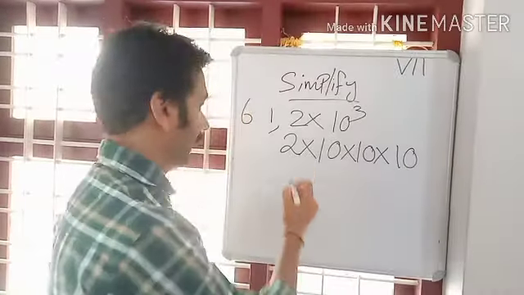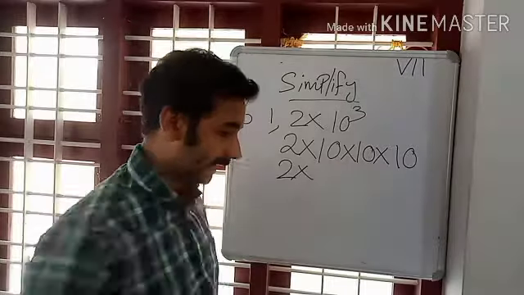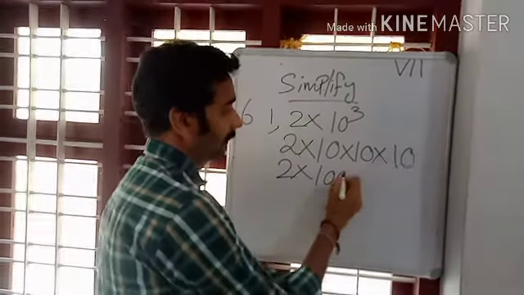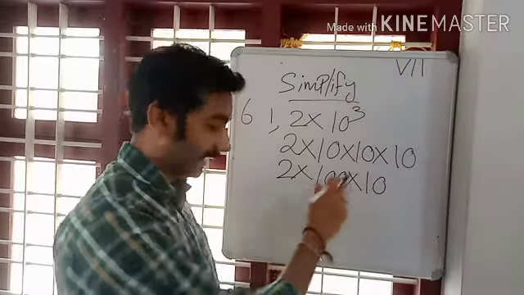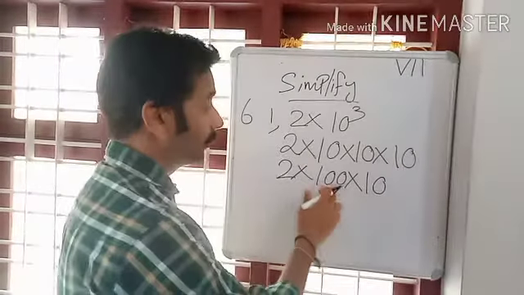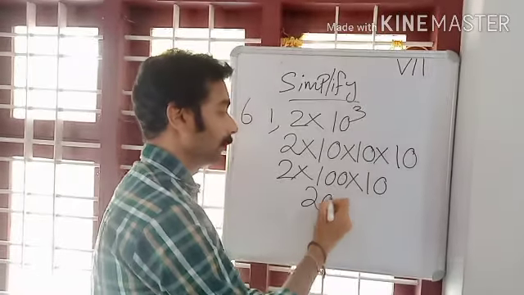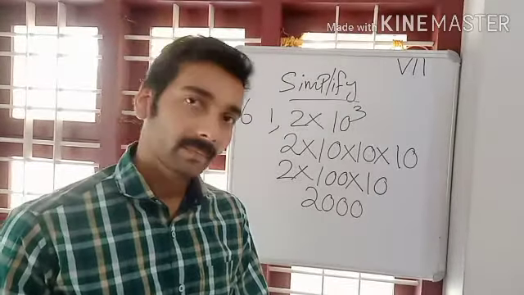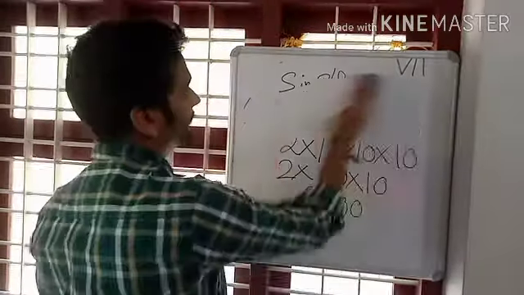That means 2 into 10 into 10 is 200... 2 into 100 is 200, 200 into 10 is 2000. Clear? Okay. Then move to another question.